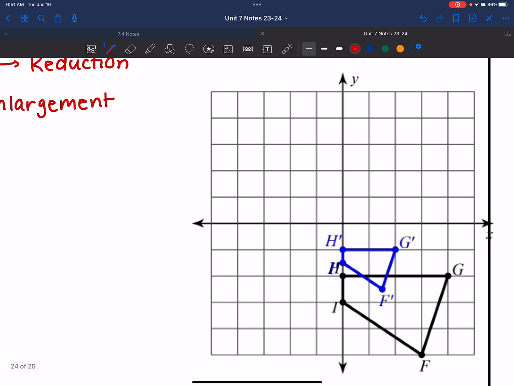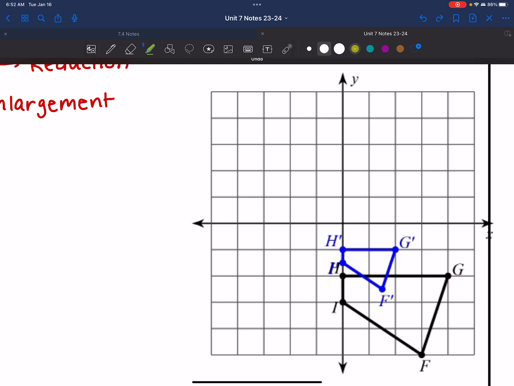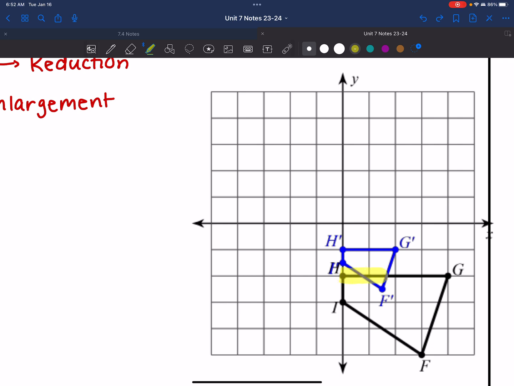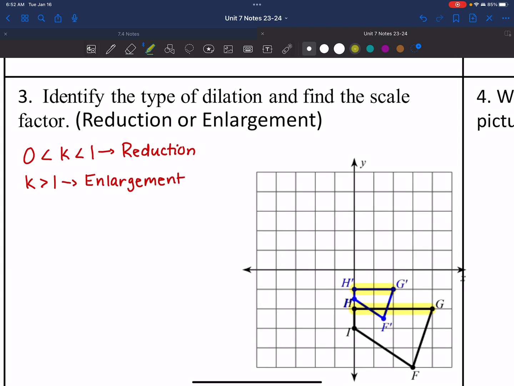So if we're looking at this figure right here, then I want to pick a pair of sides that are matching each other that is easy to count. So you can see here I've got HG, my original figure, right there. And then I've got H prime, G prime. I want to match them up with like sides.